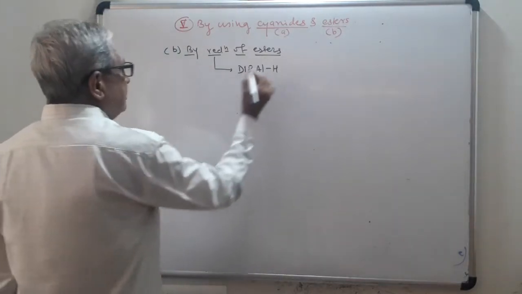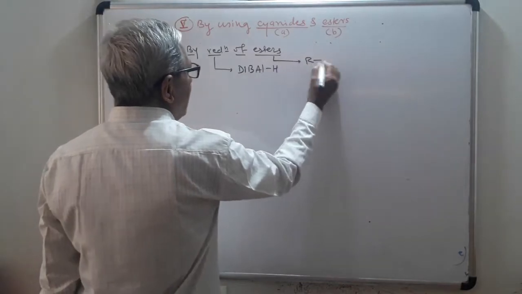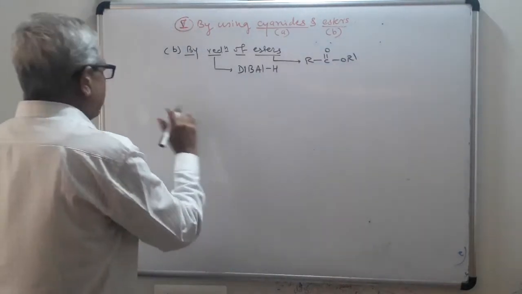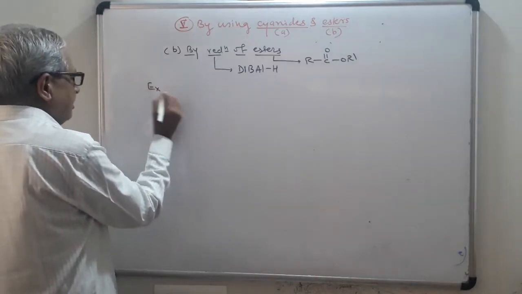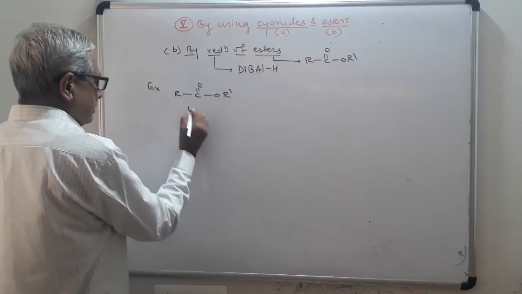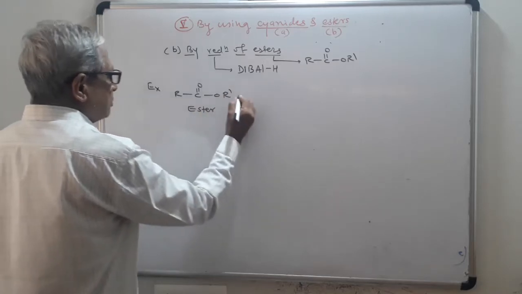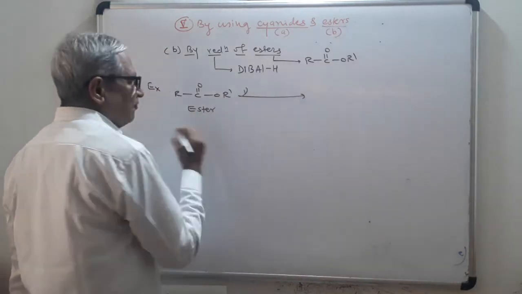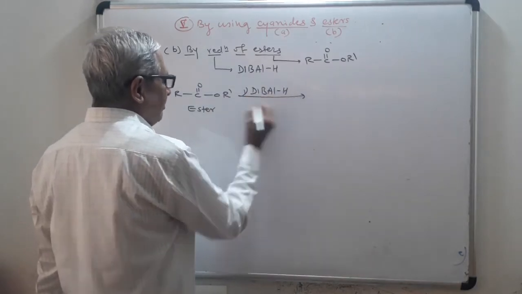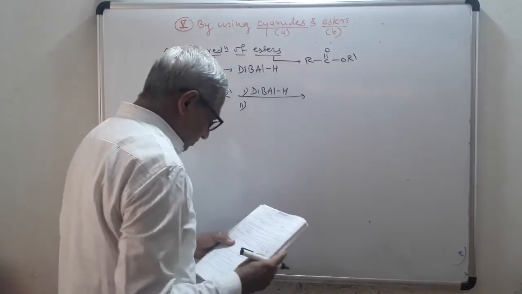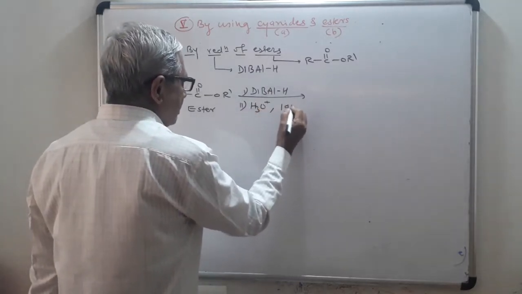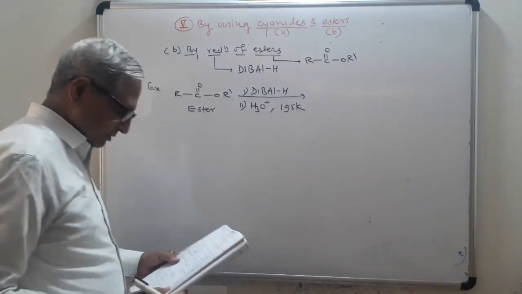See, the ester has the general formula RCOOR'. Now see the general example, RC(=O)OR', ester. It is a two-step reaction. The first step is a reaction with diisobutyl aluminum hydride. The second step is acid hydrolysis at a temperature of 195 Kelvin.